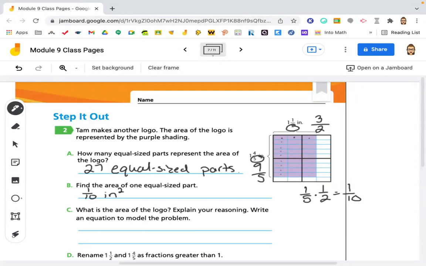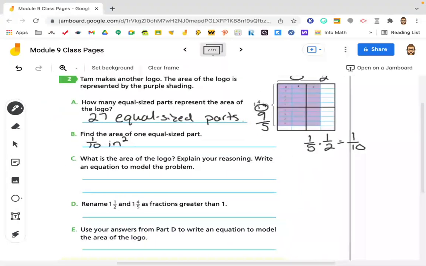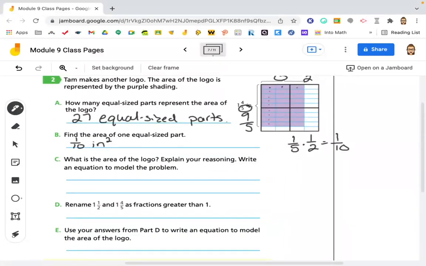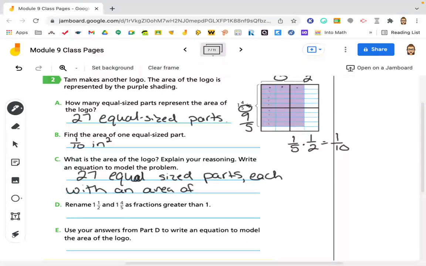Well, we have 27 equal sized parts, each with an area of 1/10.